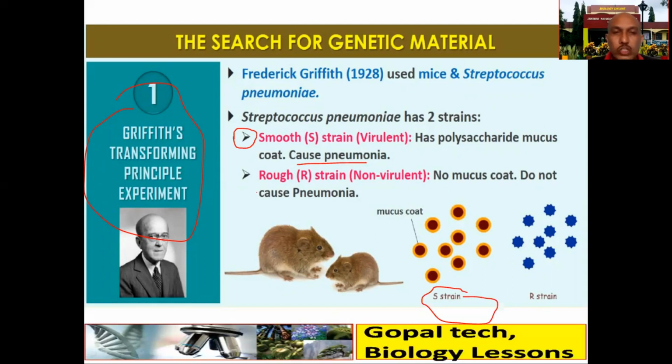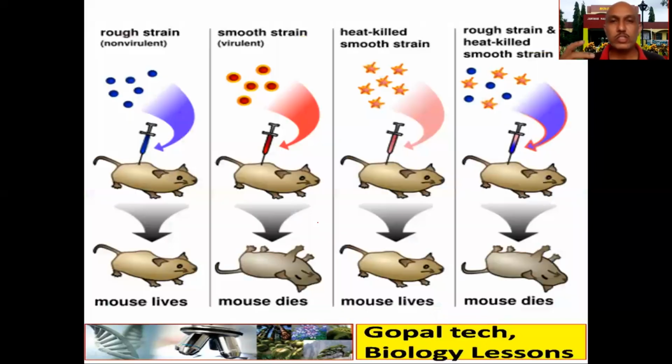Then there is one more strain referred to as the rough strain, the R strain. The word came because there is no polysaccharide mucus coat. So the polysaccharide mucus coat is absent here. Therefore it is non-virulent and does not cause pneumonia in the mice or any other organism. So these are the two strains Griffith observed during his transforming principle experiment.